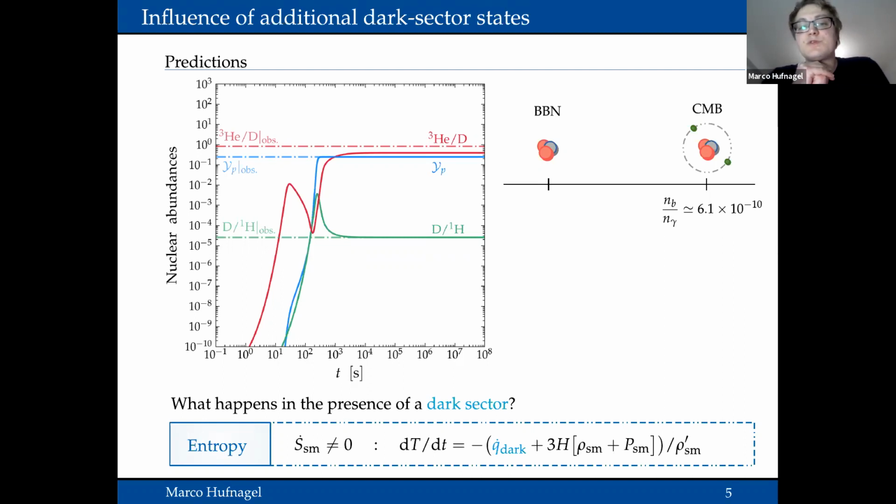So every time you try to do something to change the lithium abundance, which also affects the different other abundances, you're basically out of luck because deuterium is rather well measured. So if it also affects the deuterium abundance in some way, you might end up with the right lithium abundance and still be excluded by the other abundances. I see. Thank you. You're welcome. As far as I know, just by adding stuff to the Hubble rate, it's not possible to solve the lithium problem.